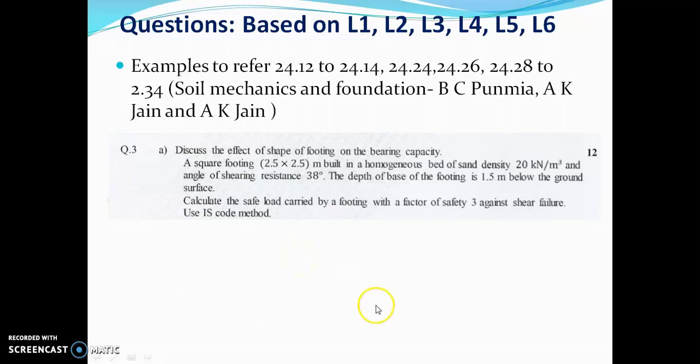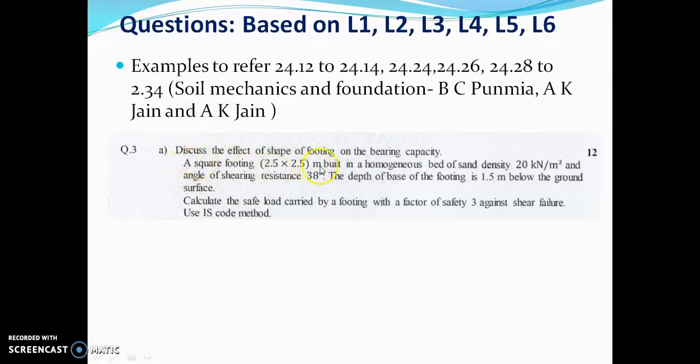Then after you've done this, here is a numerical that one of your classmates sent to me. This is from university question papers for 12 marks. What does this say? Discuss the effect of shape of footing on bearing capacity. This is even there in your textbook; just refer to the shape factors.